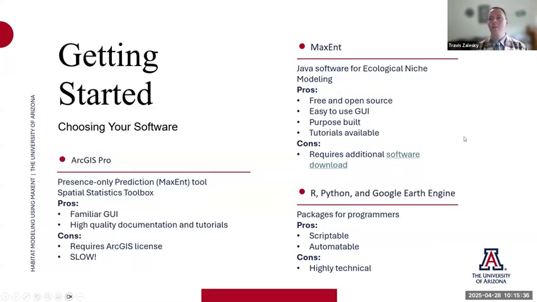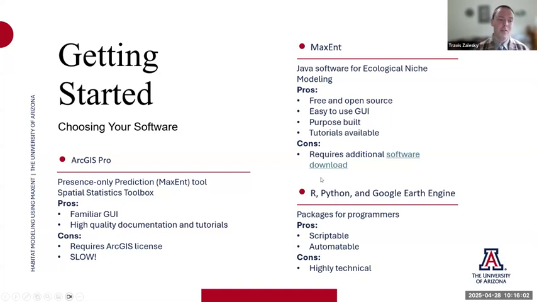Okay, so how do you do this for yourself? I said at the beginning that I wanted to empower you. So here are 3 options for you to get started. For those that have access to and are familiar with ArcGIS Pro, there is a presence-only prediction tool in the Spatial Statistics Toolbox, which utilizes MaxEnt methods.